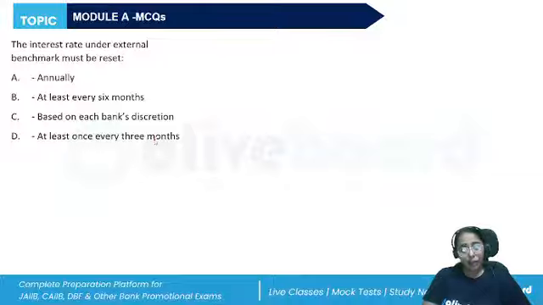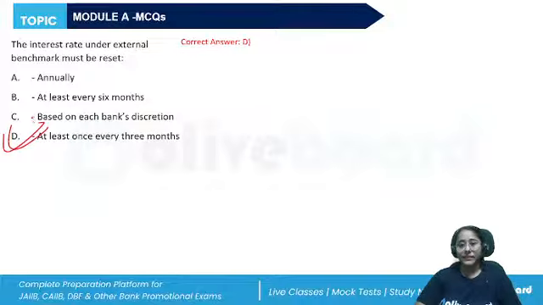So it was announced in 2019-20 that external benchmarks will be used. And these external benchmarks have also to be reset. So what is this time period when the external benchmark should be reset? It will be done at least in every 3 months. All right? At least in every 3 months.